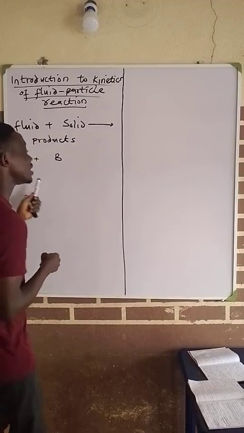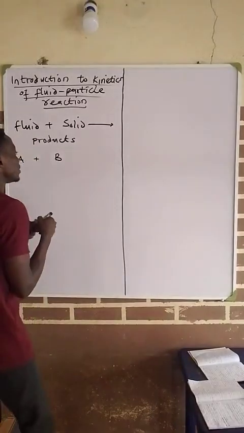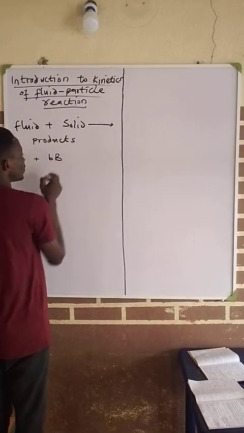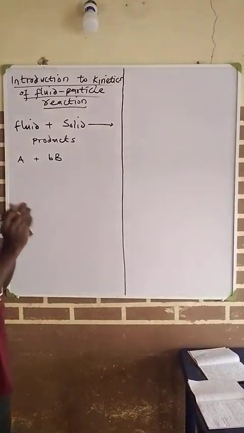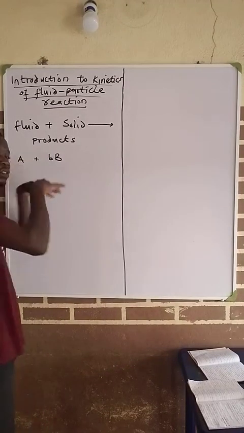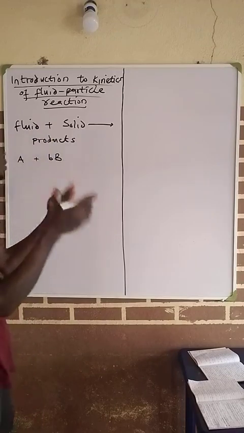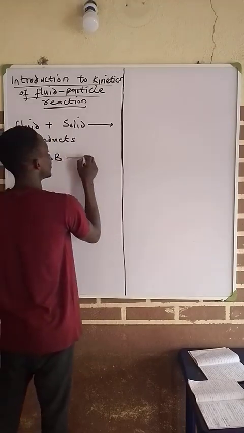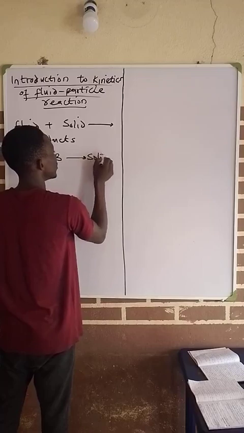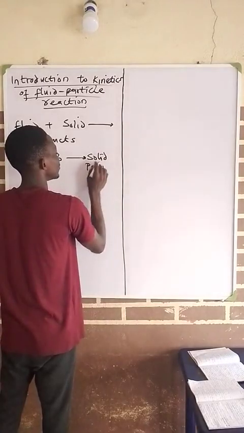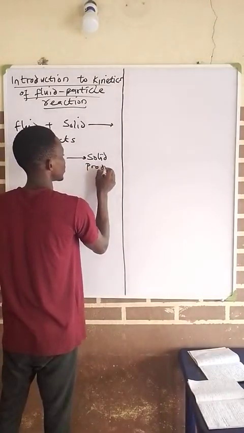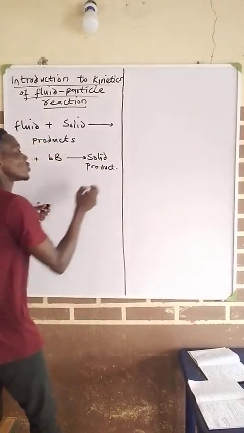The solid is the limiting reactant, so it has a definite mole, which is small letter b. So A in sufficient amount reacts with b moles of capital B to give us a solid product. We are concerned principally with solid products.